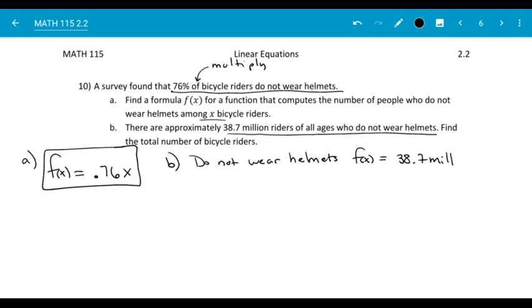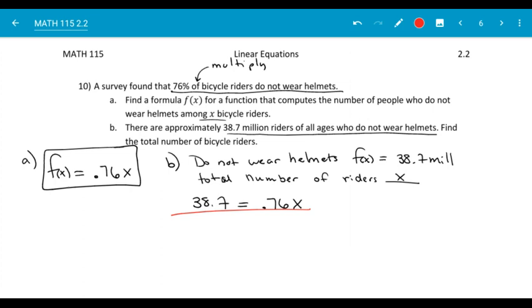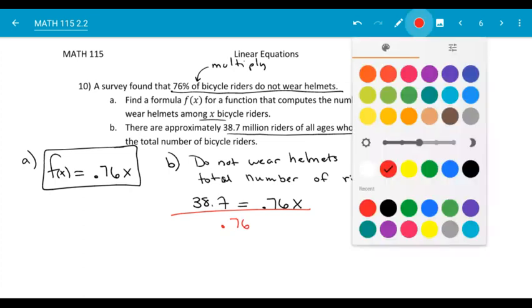They want the total number of cyclists, and that is our x value. So we're going to have to solve for x. So 38.7 million is 76% of what number is what we're looking at here. To solve this, we would divide both sides by 0.76.